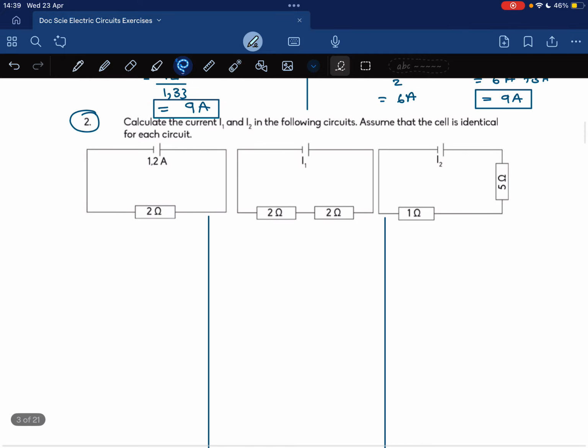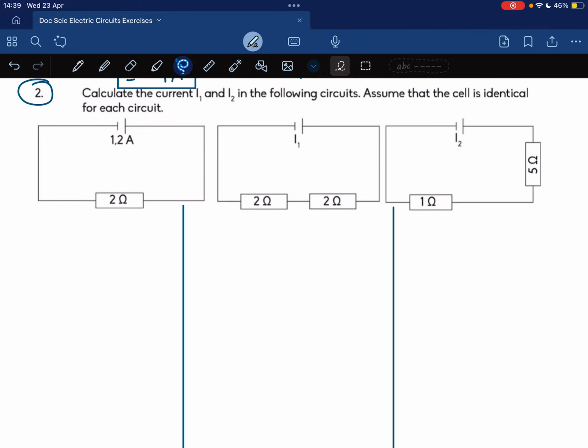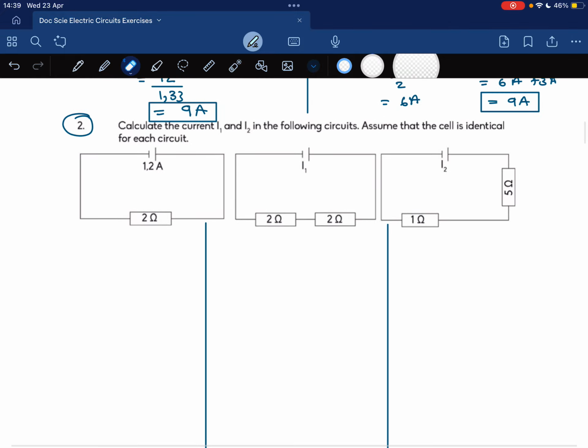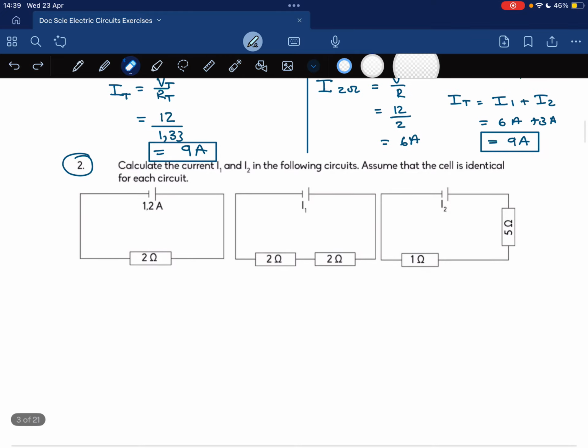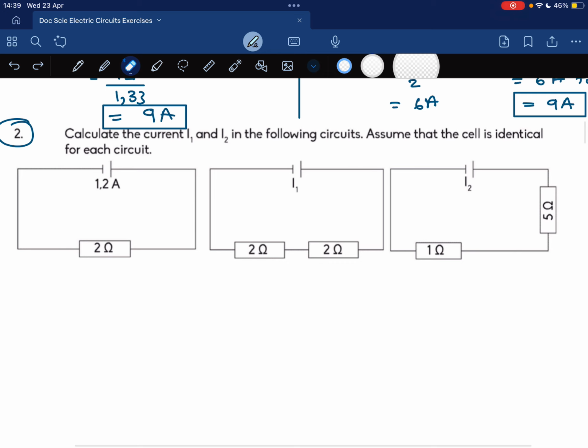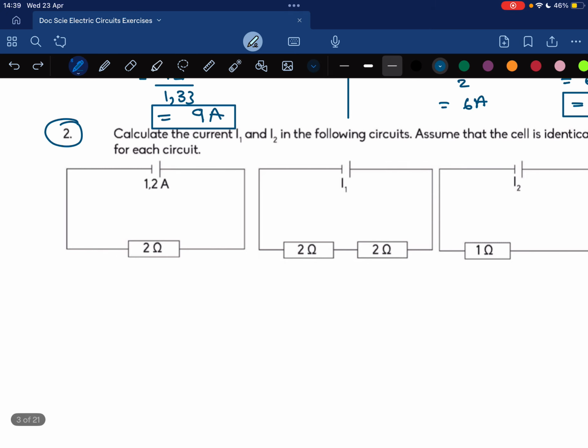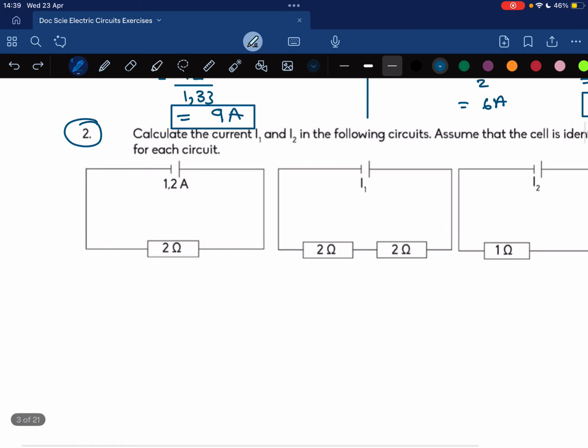Okay, so it says calculate the current I1 and I2 in the following circuits. Assume that the cell is identical for each circuit. Essentially they are asking you to calculate what you think the total I1 and I2 is going to be.